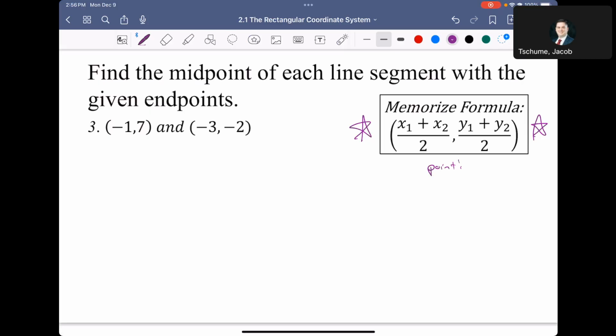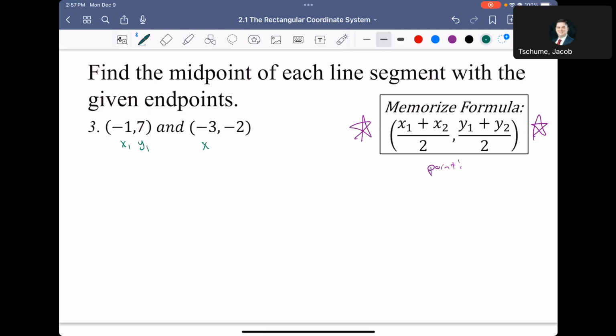So you have to find an x value and a y value of a midpoint. That can be done by first, for your x values, adding the two x values together and dividing by 2. And for the y value, doing the exact same thing, adding the y values together and dividing by 2. So when we look at our 2 points given here, the point -1,7, since that's the first point given to me, I'll let that be my x1 and y1.